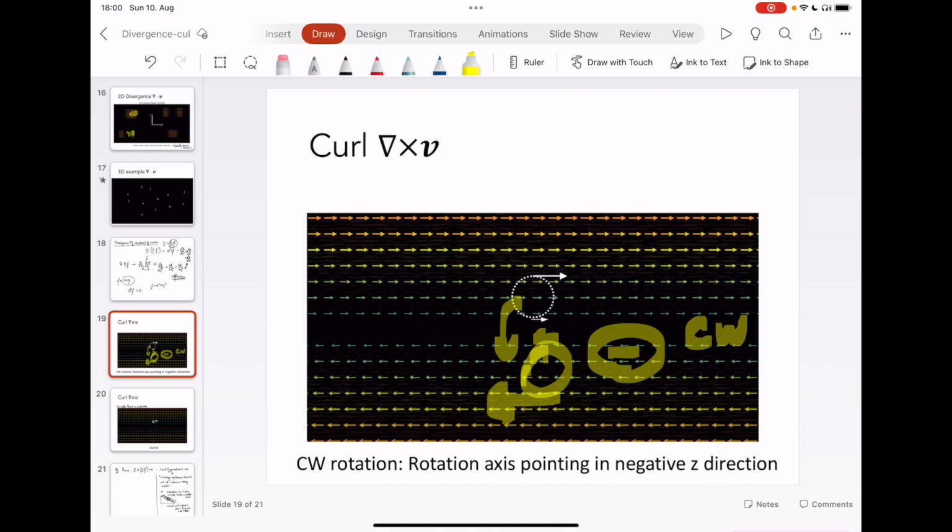Now this is a clockwise rotation, with the axis pointing in the negative z direction, or into the plane. The curl of a vector field, what I mean by this, is that it gives you the extent of circulation in the flow field.